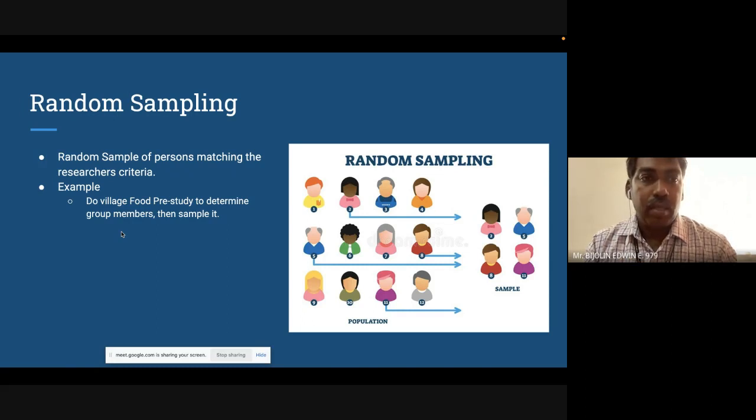Random sampling works with the persons matching the researcher's criteria. I will have one criterion, and based on that criterion I use random sampling and extract the data from every individual in a group of the population.